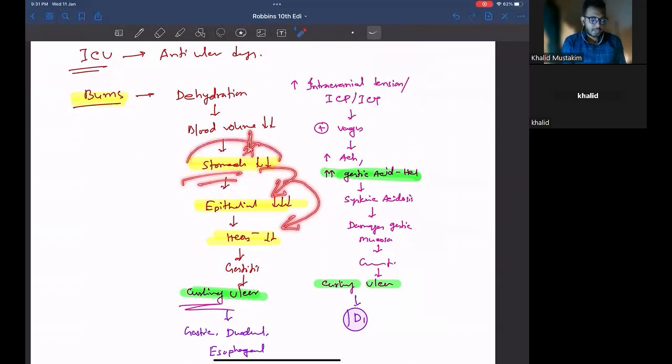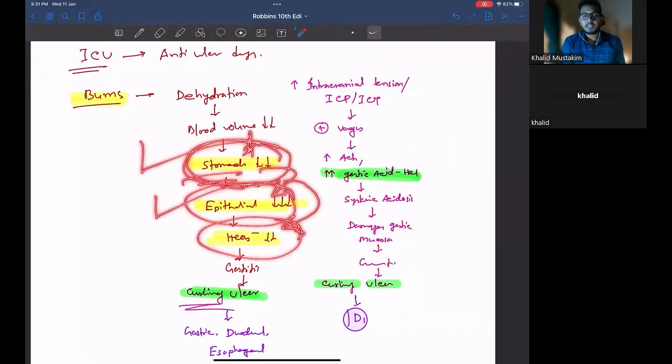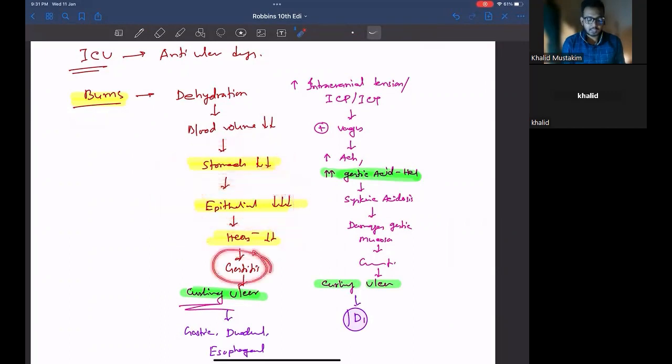So here the patient is lacking three protective layers: the rich blood supply, the epithelial regenerative capacity, and the bicarbonate ion. So the patient will develop gastritis and it will ultimately convert to an ulcer, and we call it a Cushing ulcer.